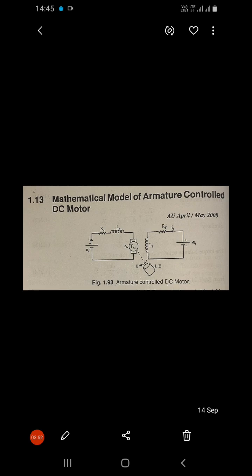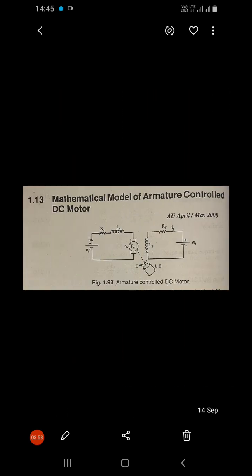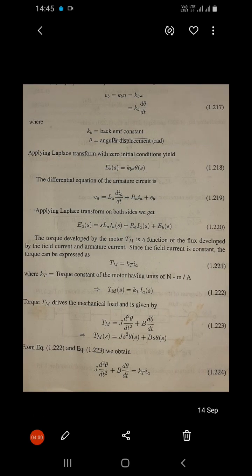This back EMF is proportional to the speed of the motor and the flux created by the field current.